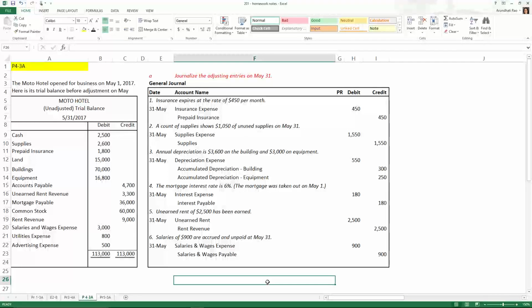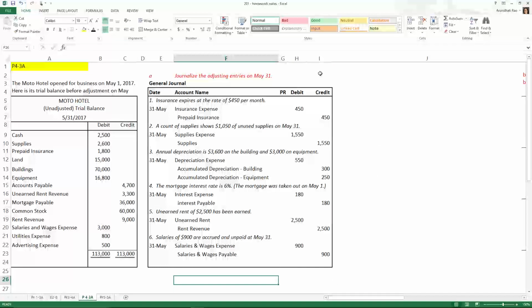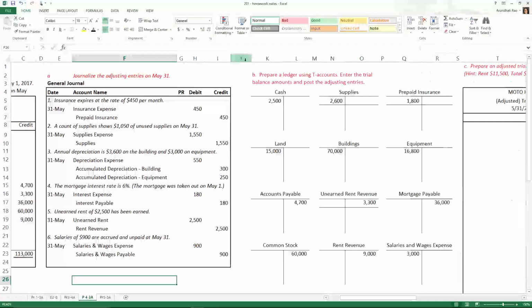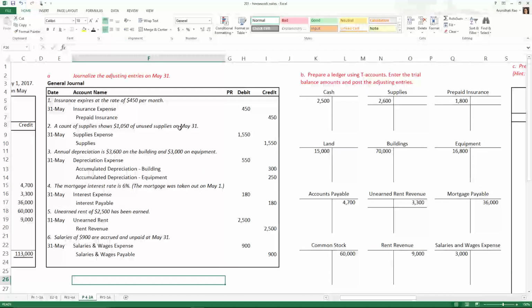What's the next step? I'm going to move things over a little here. The next step is to transfer all this information into our T accounts, into the ledger.